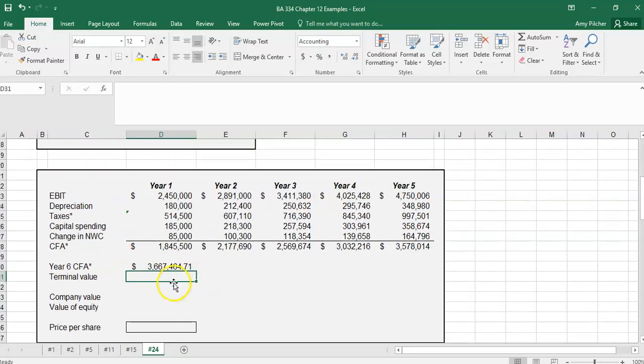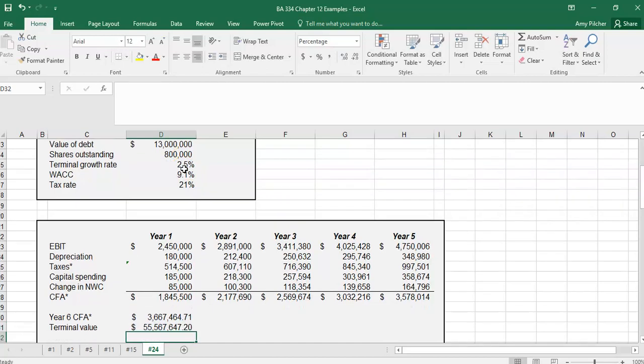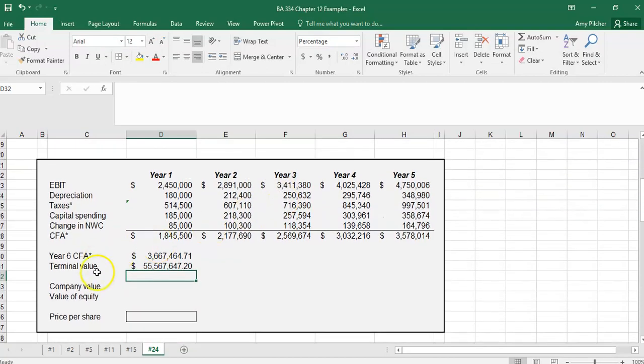The terminal value is our year 6 cash flows divided by our weighted average cost of capital minus the terminal growth rate. So our terminal value is $55,567,647.20.